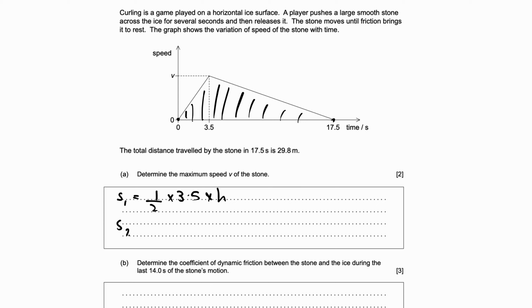We know that S2 is equal to half the base, now it's 14 seconds, into some height, again h. So what we know is that when we do S1 plus S2, we should get 29.8. So let's do that, shall we? So in my head I know 1.75h plus 7h is equal to 29.8.